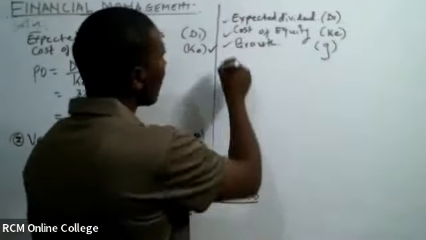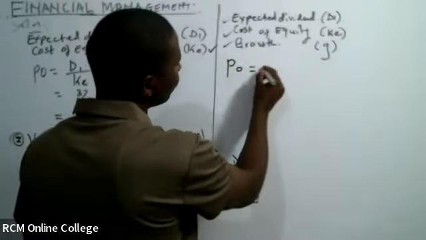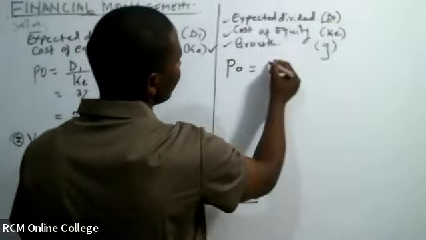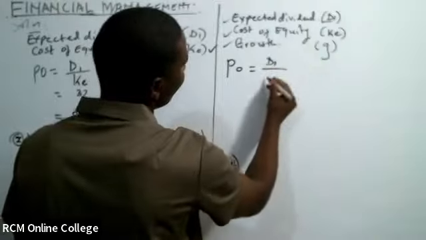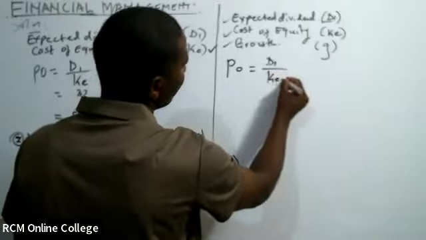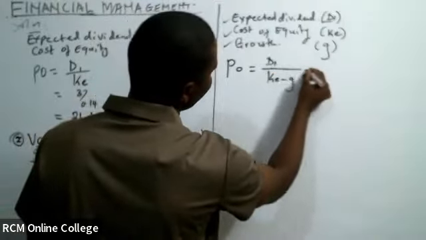For instance, P0 is equal to the expected dividend D1 over KE minus G, and you'll be done.